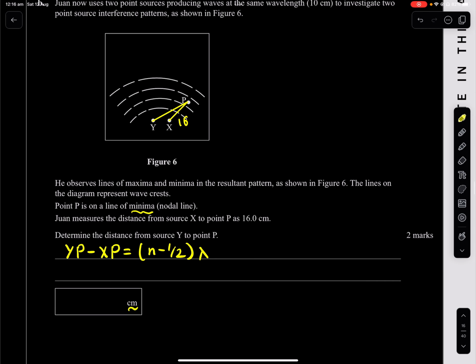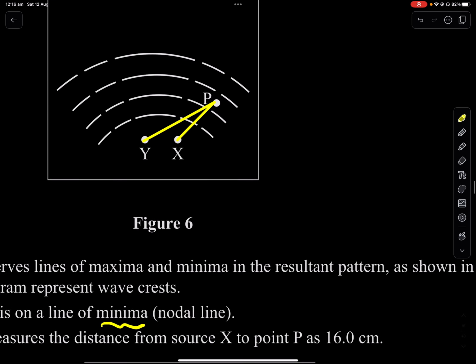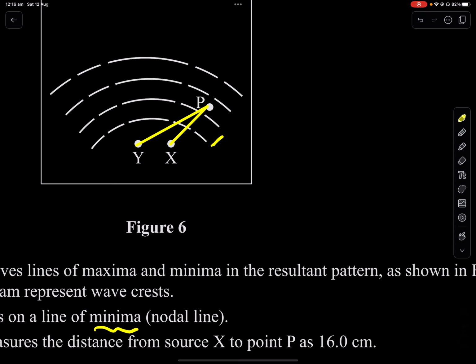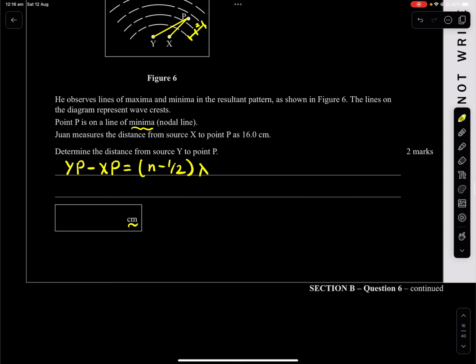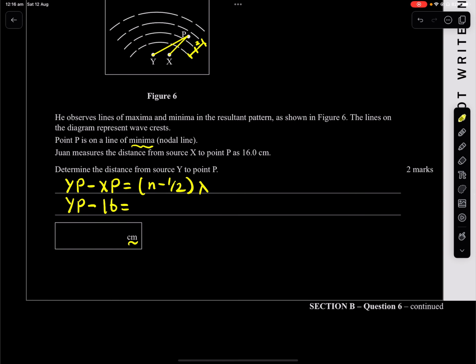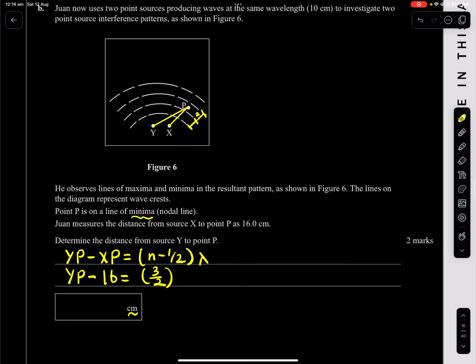Where does this occur? If you look over here, this is the first nodal line, and here is the second, so it occurs at n equals 2. We want to find YP. YP minus XP, which is 16, equals n minus a half, so 2 minus a half, which is 3 over 2, times the wavelength, 10 centimeters.